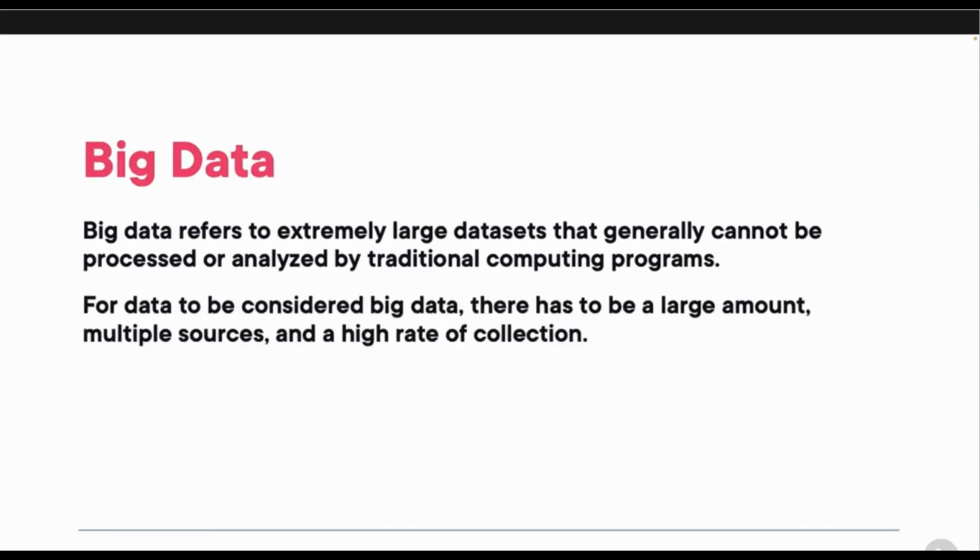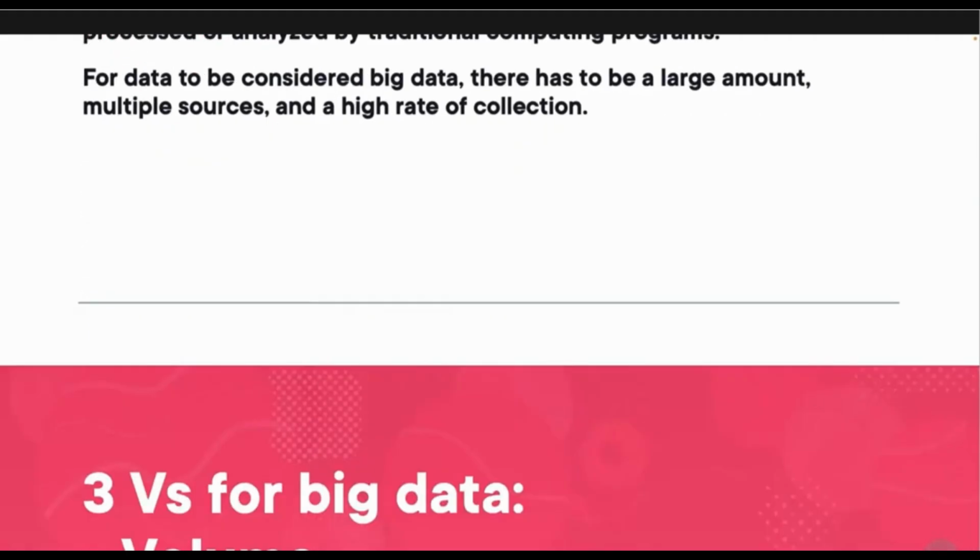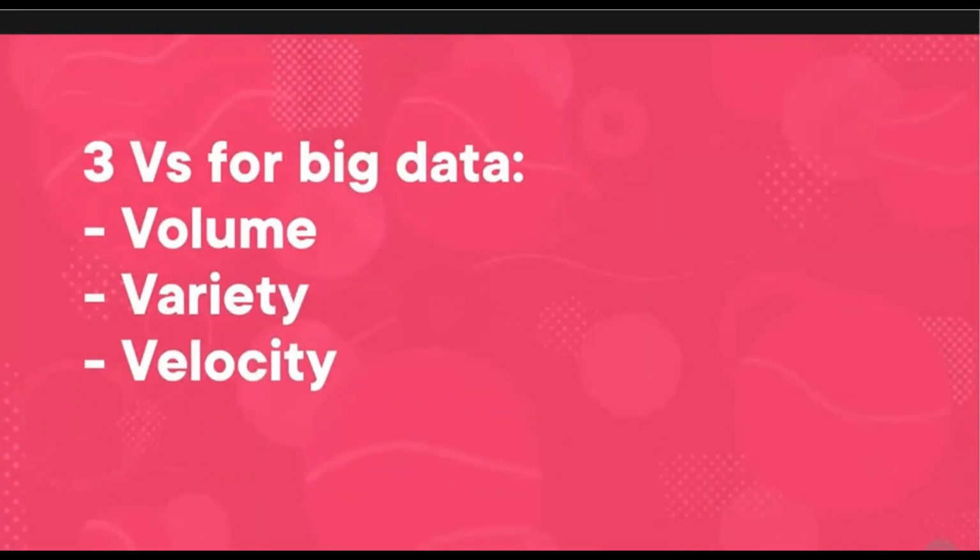For data to be considered big data, there has to be a large amount of it coming from multiple sources and with a high rate of collection. Summarizing that last sentence, we could say there are 3 V's to big data: volume, variety, and velocity.